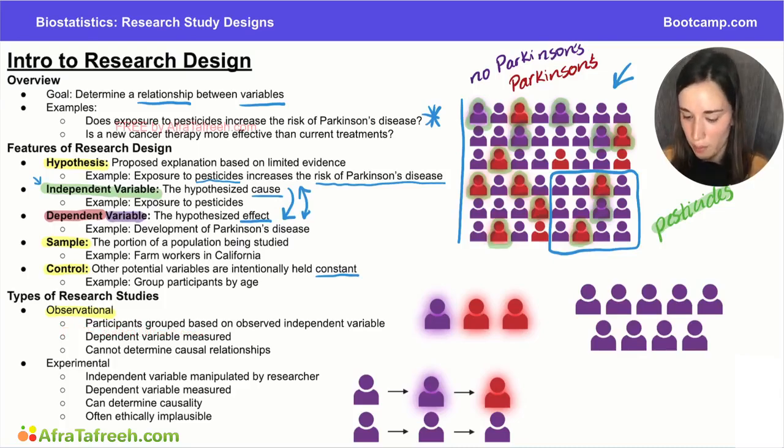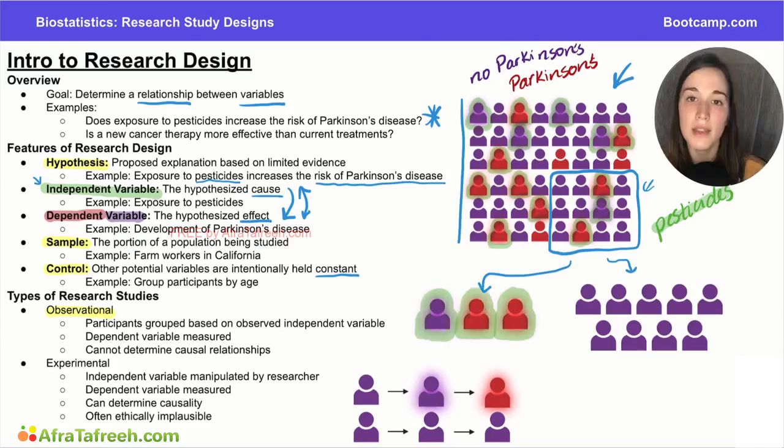So for example, in our sample here, we can group people either by having exposure to the pesticides or by not having exposure to the pesticides. And then you can measure the dependent variable. So in our pesticide exposure group, 2 people had Parkinson's disease, and in our non-pesticide exposure group, no people had Parkinson's disease.